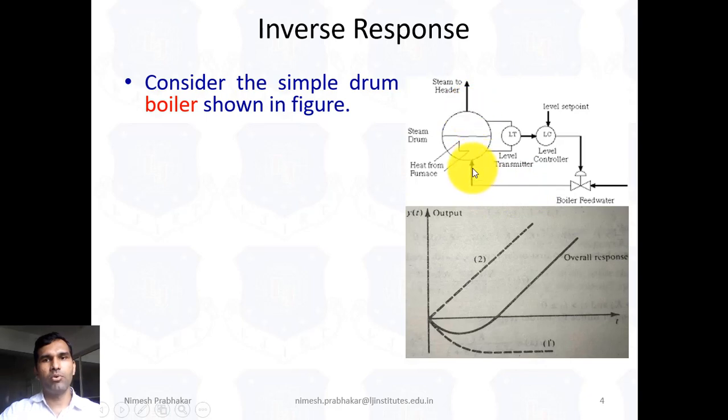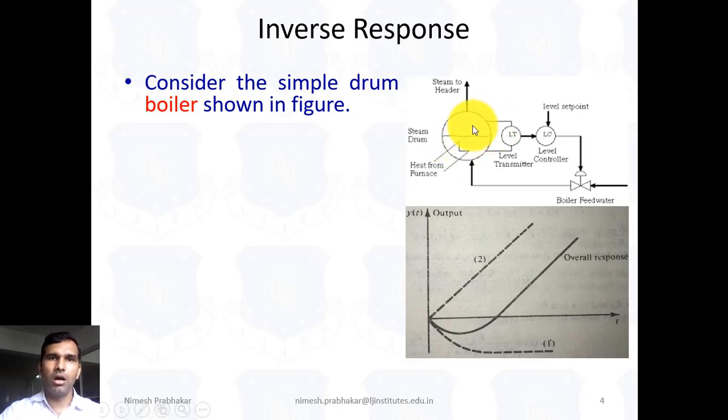We give water as input and we get steam as output. This is the simple function of the boiler. This is the boiler drum, and to convert this water into steam, we give the heat. This symbol represents the heat supply.